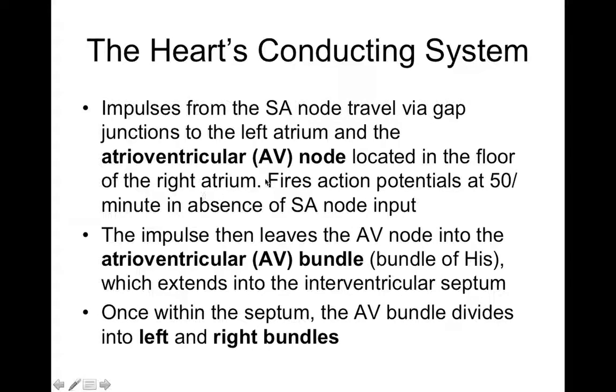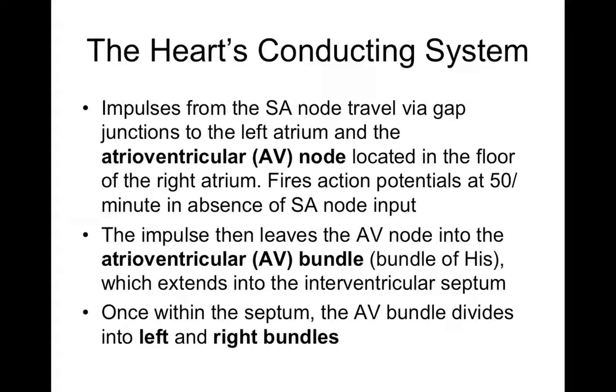So the AV node, you guys, is what links up with the AV bundle, or bundle of His. Now the AV bundle of His, think of this as an anatomical bottleneck. It's actually a place where action potentials slow down. You might wonder, why the heck would you want action potentials to be delayed at the AV bundle? Well, remember, we just had action potentials come from the atria, which caused the atria to contract.